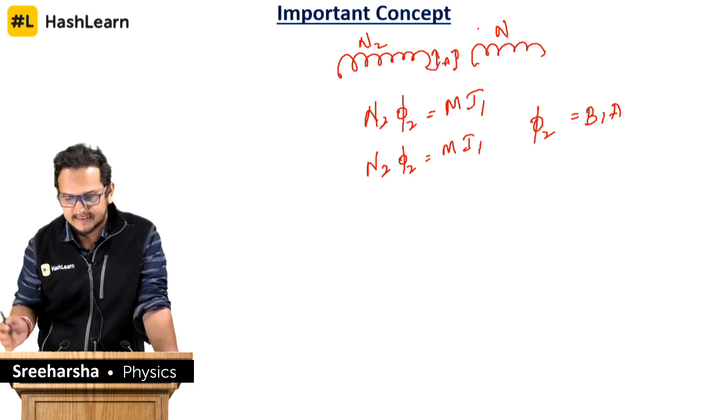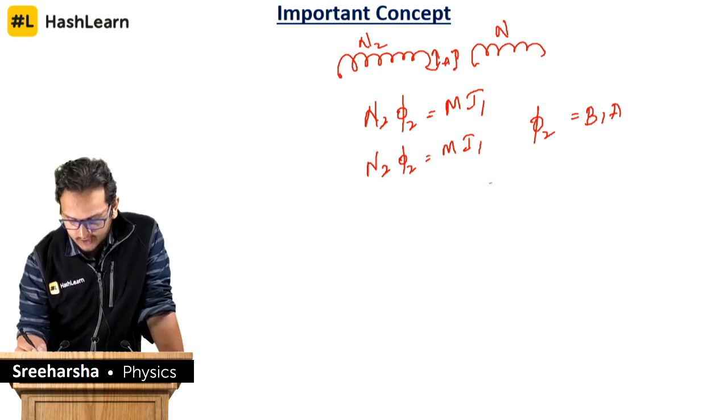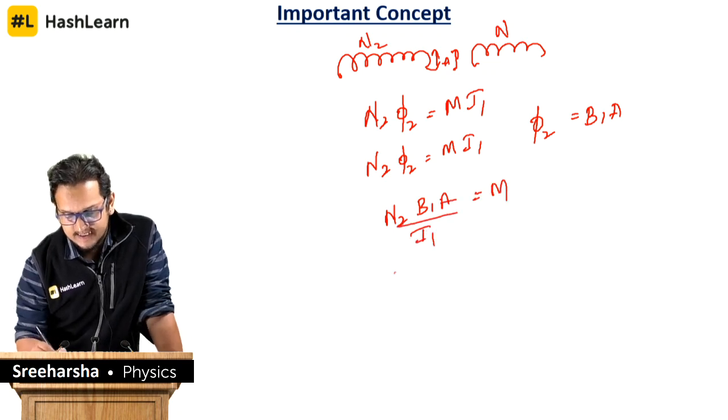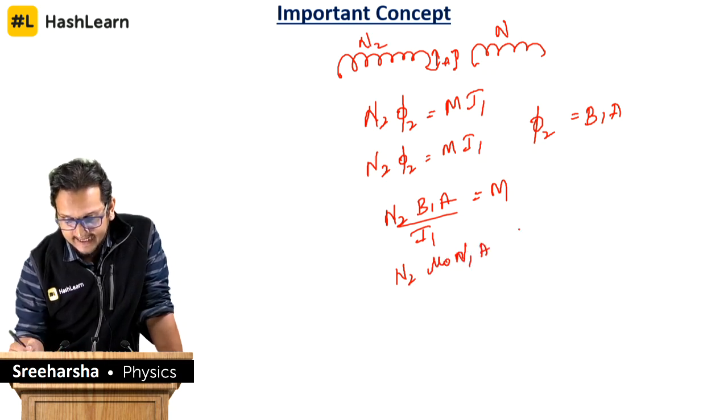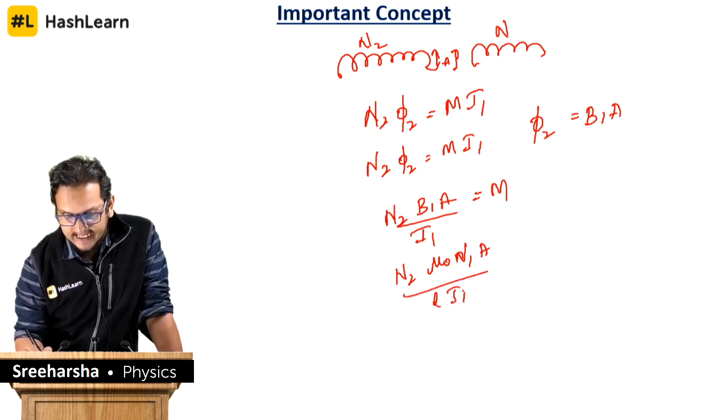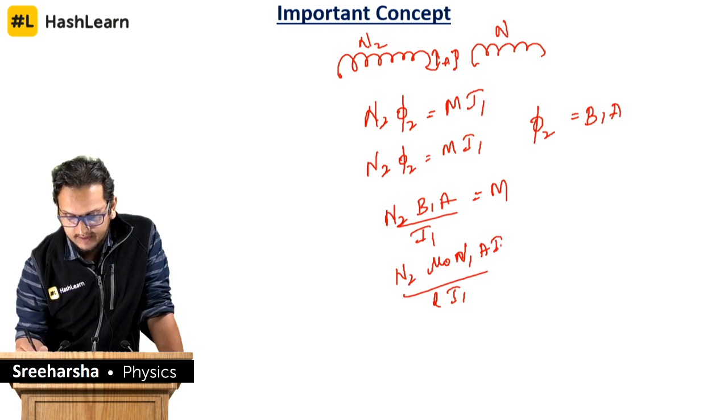So you can write this as N2 B1 A divided by I1 will give you the mutual inductance, or N2 times mu naught N1 A divided by L times I1, where I1 gets cancelled.